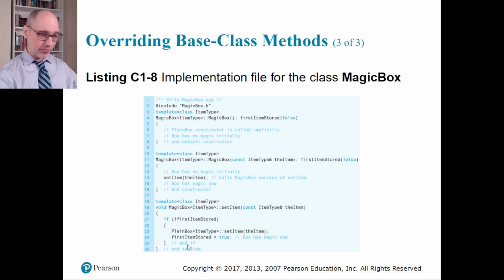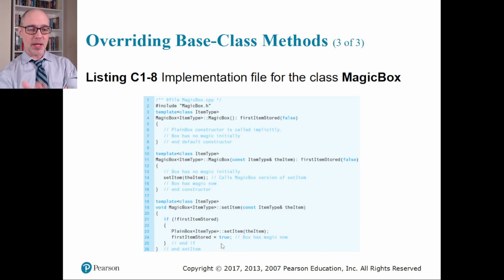You just leave the first item that's sitting in the box unchanged. Only if you have not stored a first item, if first item stored is false, only then do you get into this code here and actually call the original plain box set item that really does store an item there, and then set the first item stored to true so that never happens again. Okay, so there's a little trick that makes that happen.